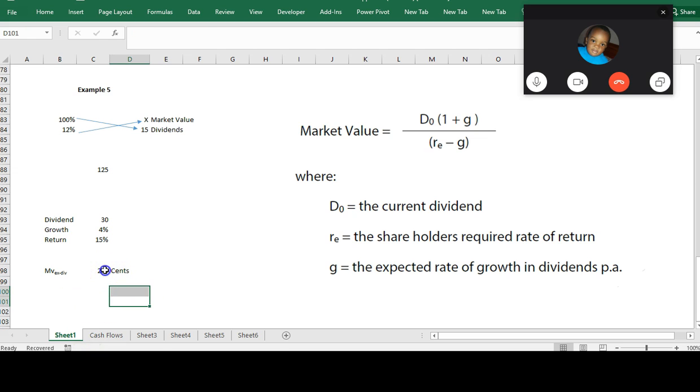Okay. Here it's like this. Oh, you're using Excel, as usual.